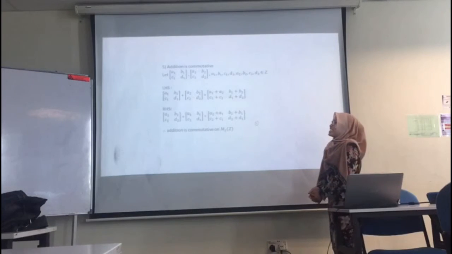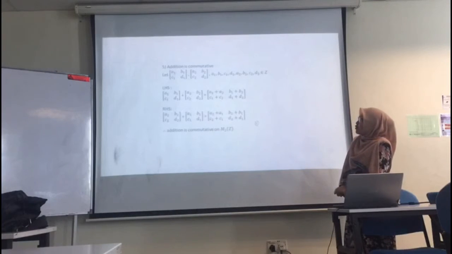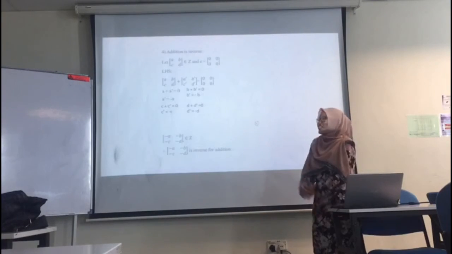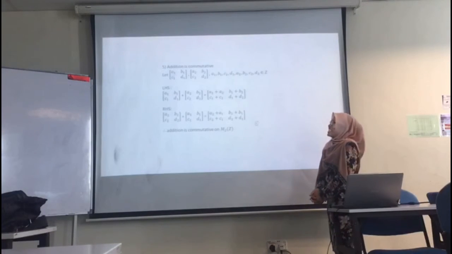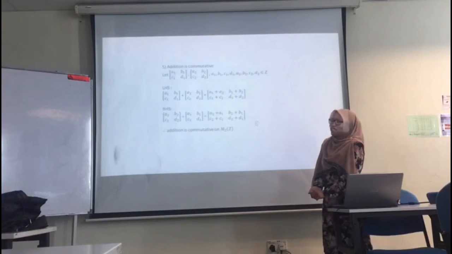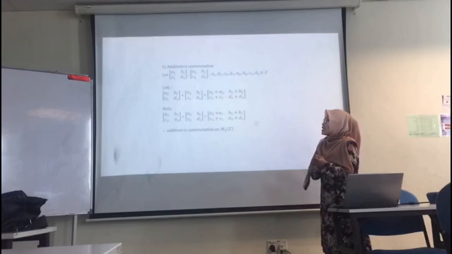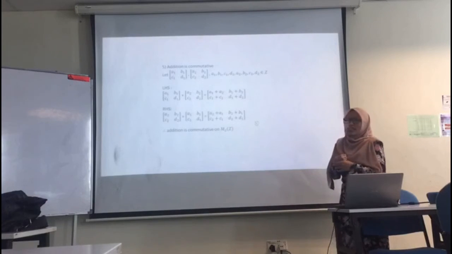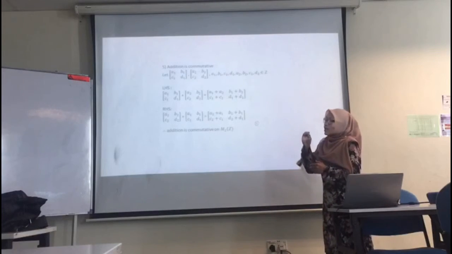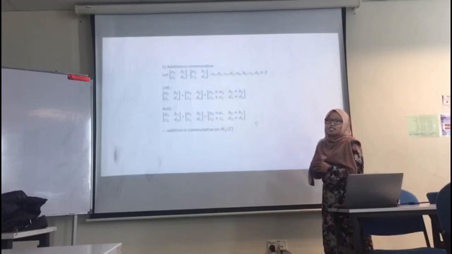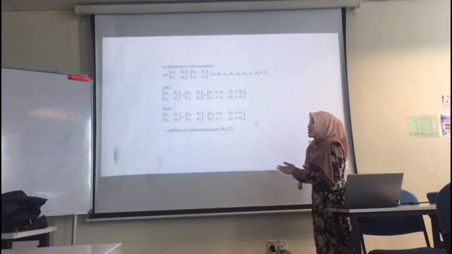So next, we need to prove addition is commutative, where we choose two matrices A1, B1, C1, D1 and A2, B2, C2, D2, where all elements in the matrices are elements of Z. So we need to prove the left hand side and the right hand side.